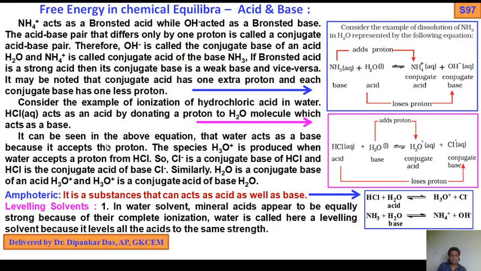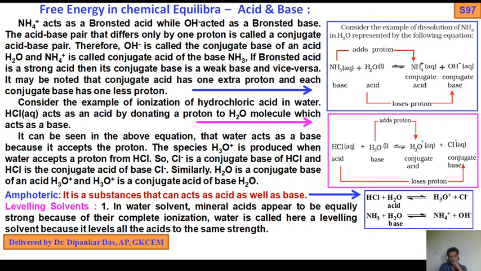It can be seen in the above equation that water acts as a base because it accepts the proton. The species H3O plus is produced when water accepts the proton from HCl. So Cl minus is the conjugate base of HCl, and HCl is the conjugate acid of the base Cl minus.